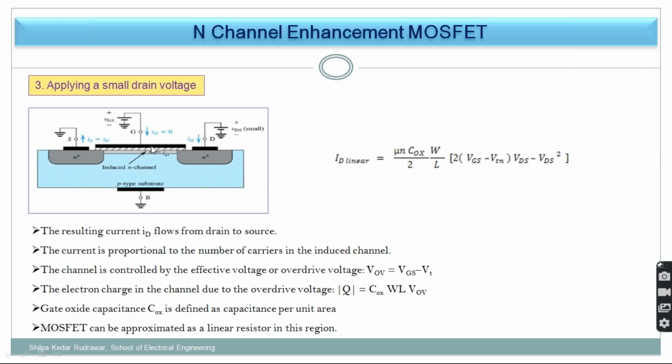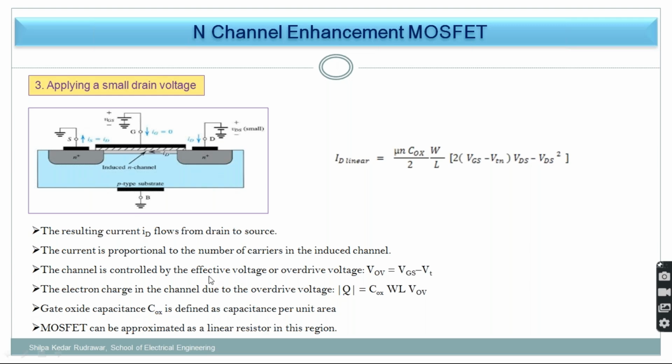I need to first overcome VT, the threshold voltage, because suppose VT is 0.3 and I am giving VGS as 0.3, then 0.3 will get cancelled. Still you have not given any voltage. If you are giving more than that, it will overcome the barrier, and then there is a formation of the inversion layer.